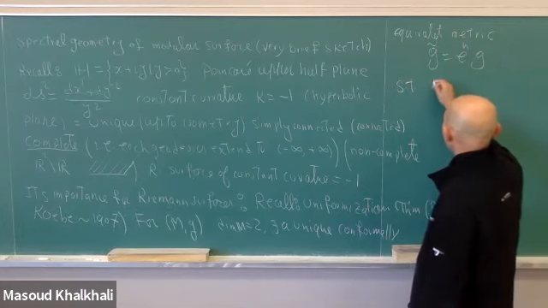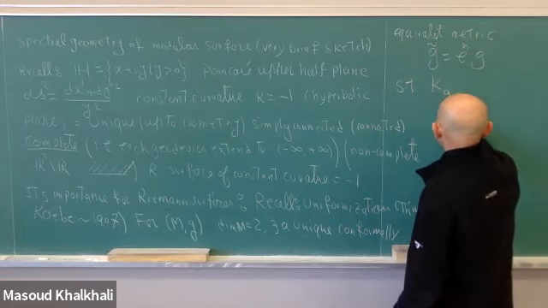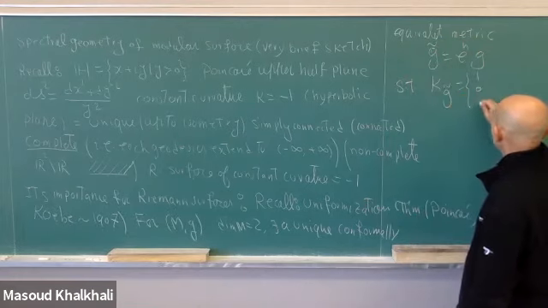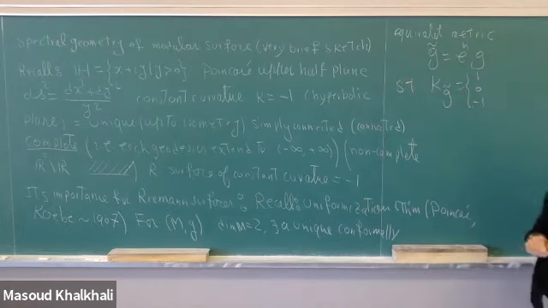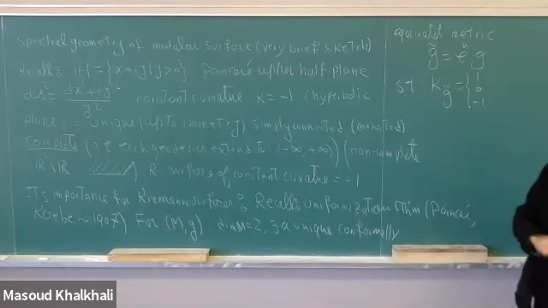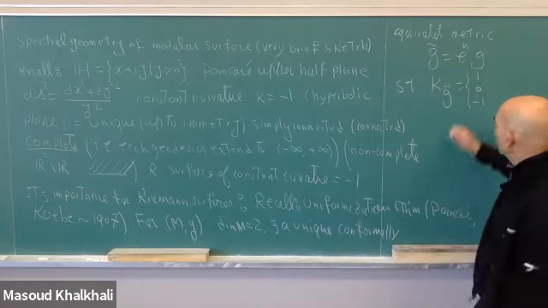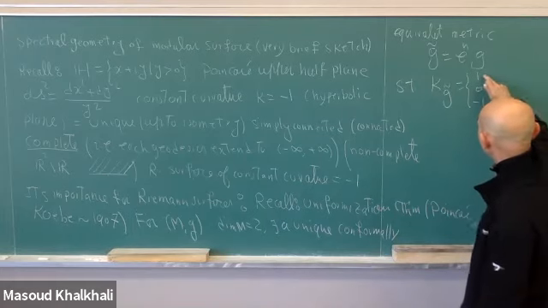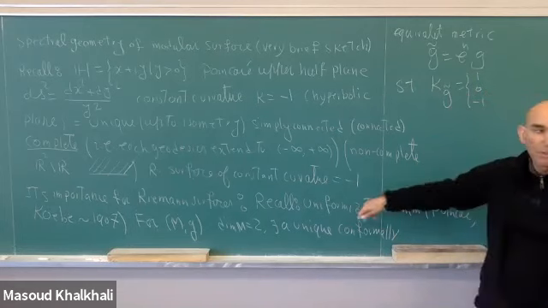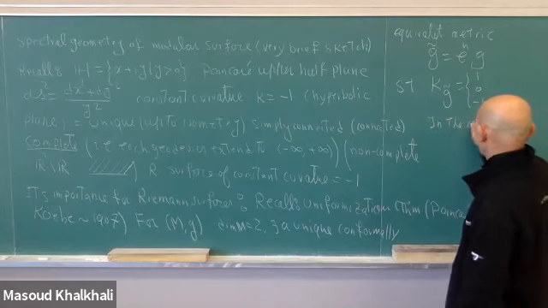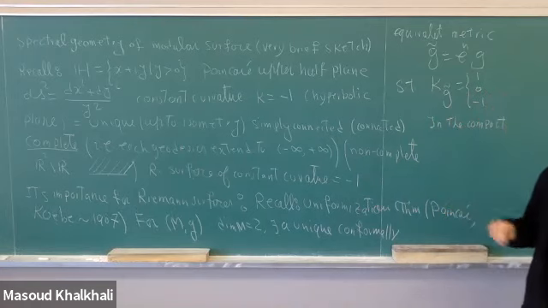To decide whether it's 1, 0, or -1 depends on the genus of the surface, in the compact case, meaning closed, compact without boundary.